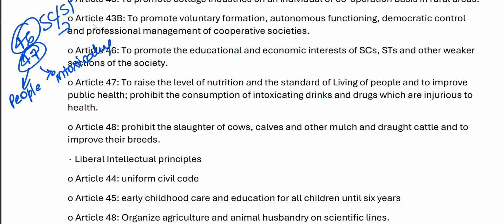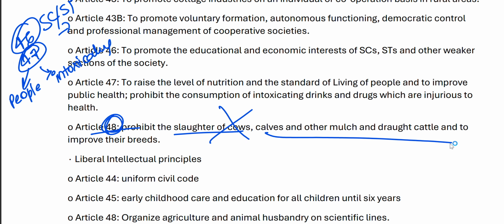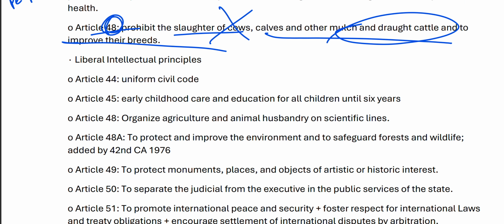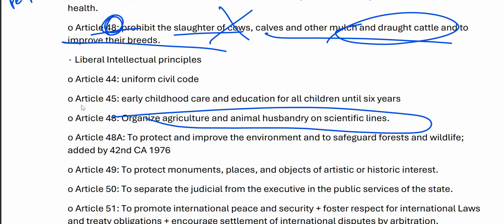SC/ST, right? Now 48 is the prohibition of slaughter of cows, calves, and other milch and draught cattle. Also in 48 we have to improve organized agriculture and animal husbandry. When you are improving animal husbandry, you need to prevent the slaughter as well, right?